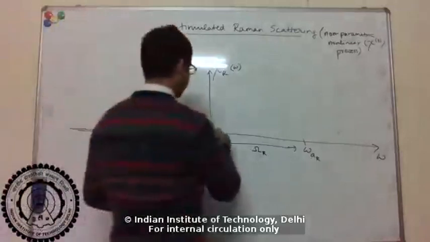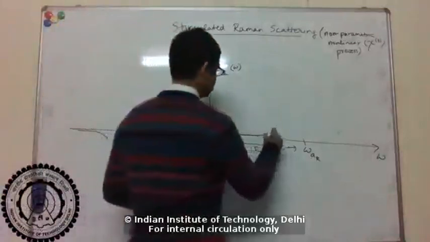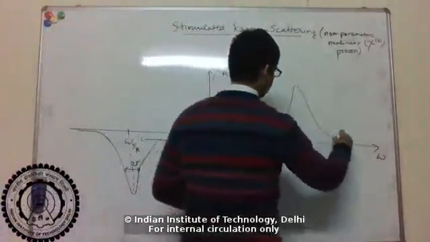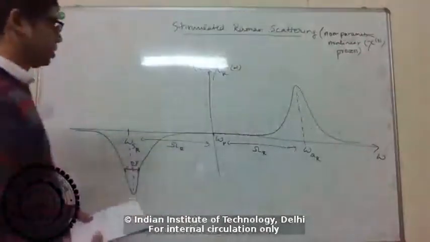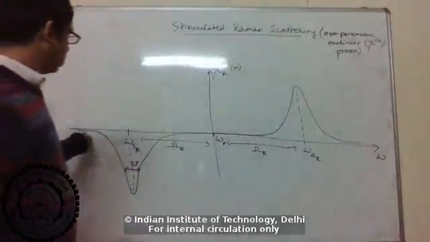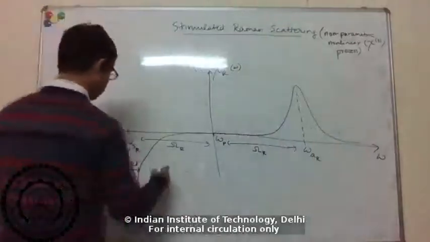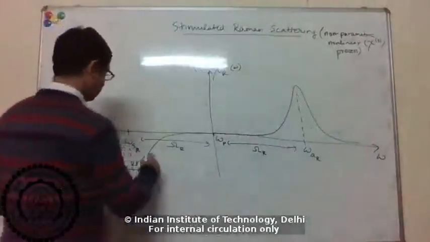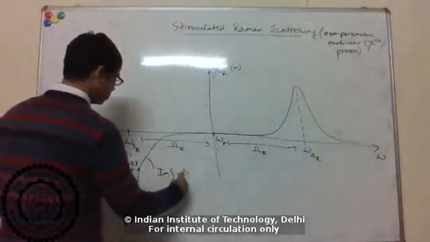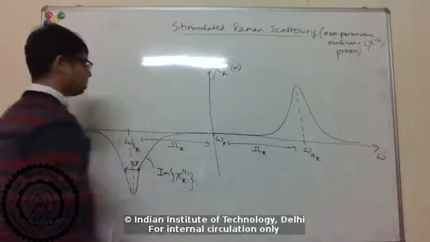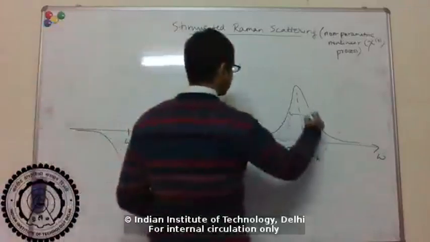On the anti-Stokes side, the sign flips. Right, so this is the imaginary part, same thing here.